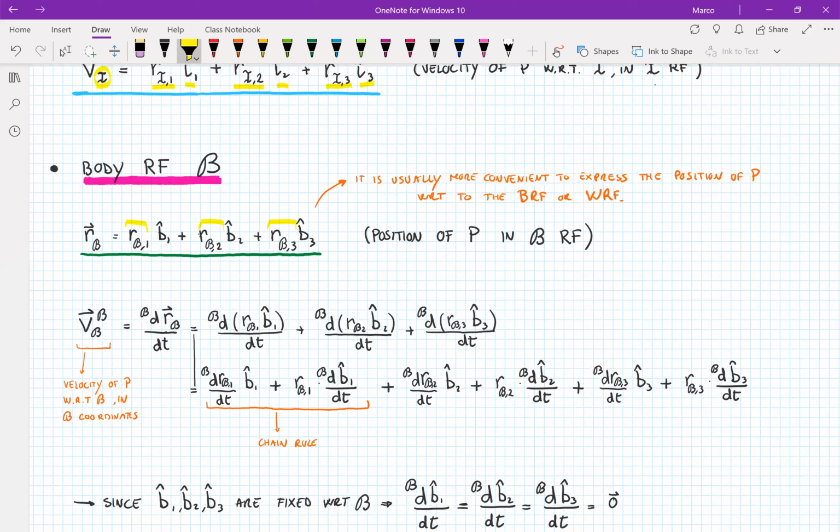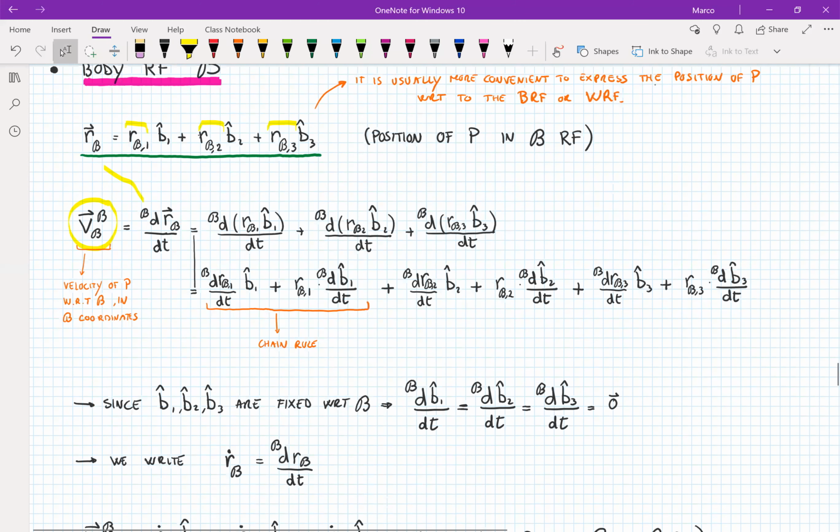Okay, so now let's take the derivative of this position vector, and by doing so, we're finding the velocity of P, the non-inertial velocity of P in the body frame of reference coordinates. So we're doing something similar to what we did earlier. We have the chain rule and so on.